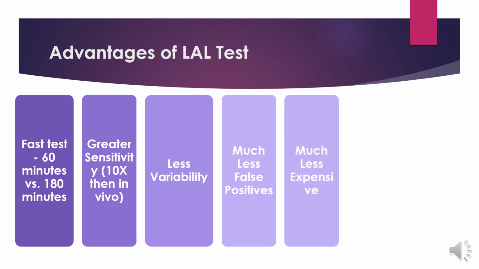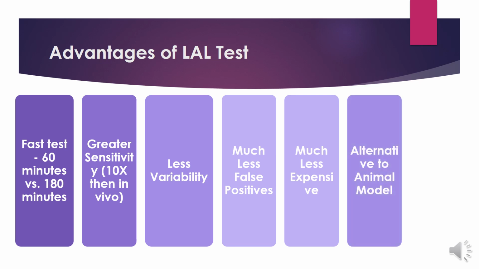It is also much less expensive, because all the expenses involved in the maintenance of the rabbits and other things are not included in this test, so it is less expensive as compared to the in vivo test. So this is one of the best alternatives to the animal model or in vivo test.